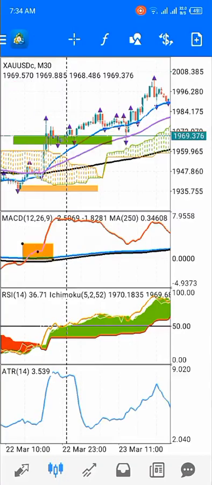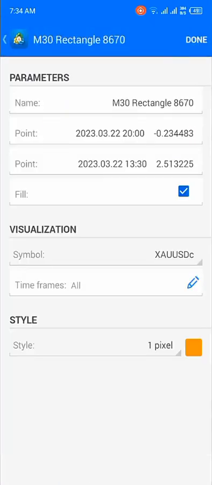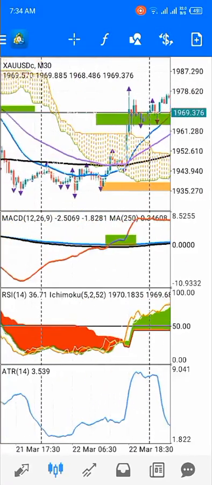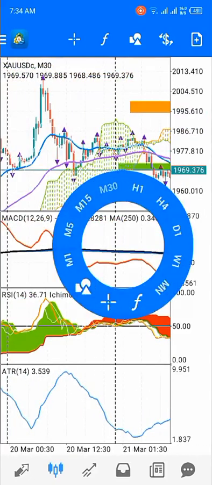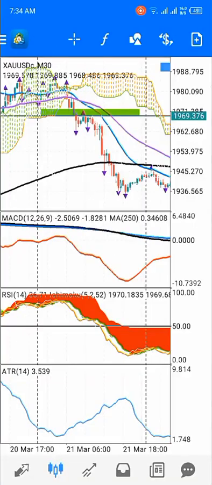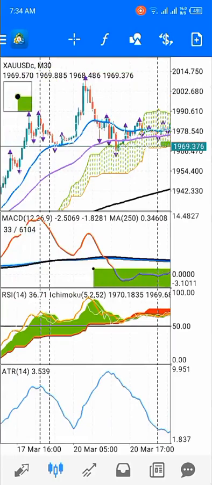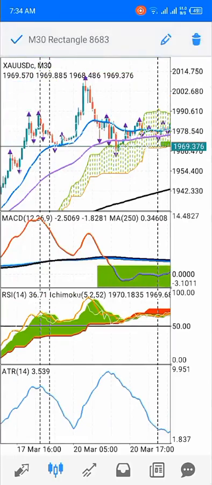So you have crossover to the upside, look for buying opportunities. And as you have crossover to the downside, you look for selling opportunities.